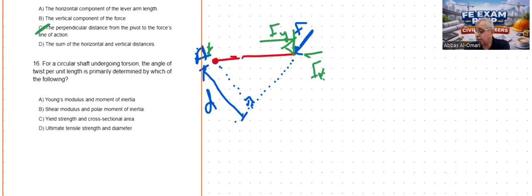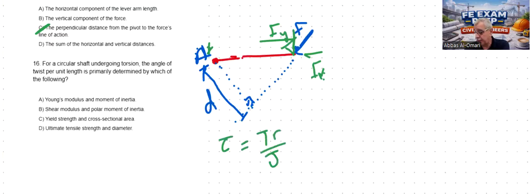We know that tau equals TR over J, where T is the torque, R is the radius, and J is the polar moment of inertia. Now we have to look at the angle of twist. It should also be proportional to the torque and to the polar moment of inertia, or to the shear stress.